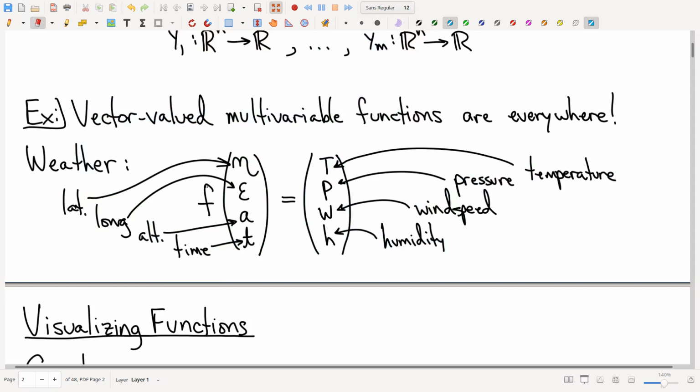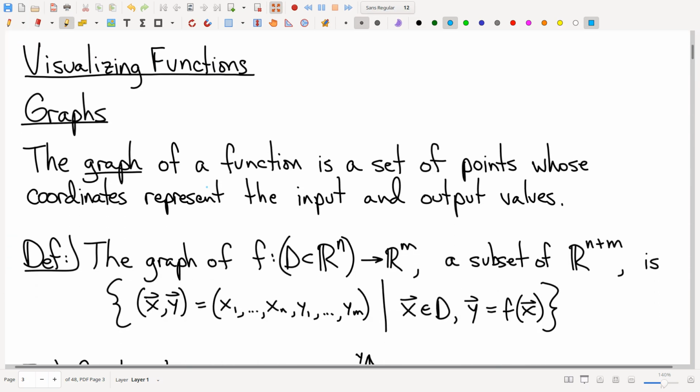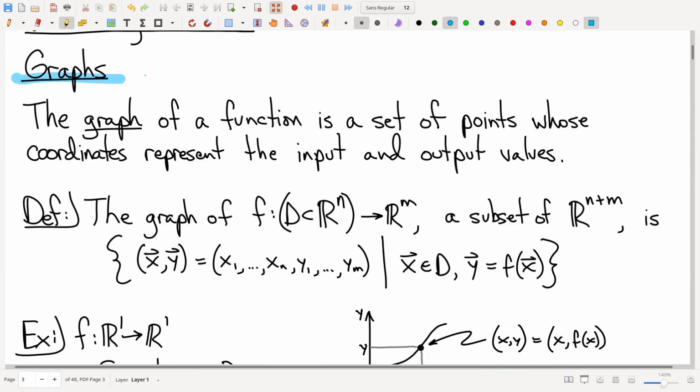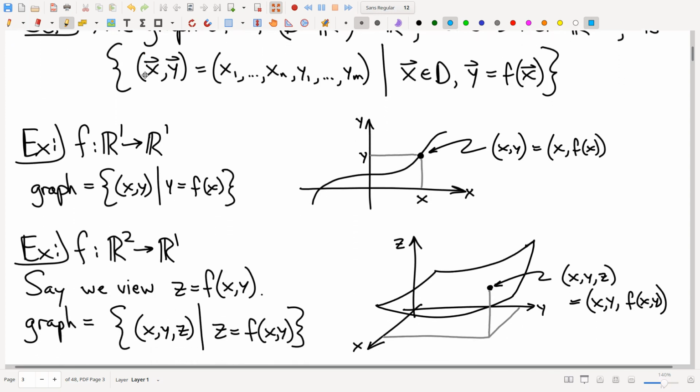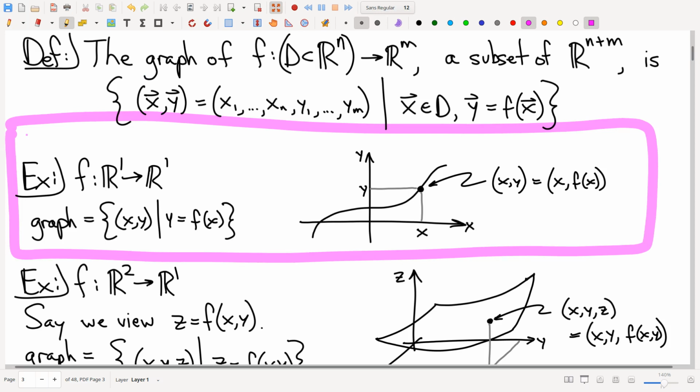Okay. All right, on to how to visualize functions. I'm going to start by talking about graphs, partly because this is the type of picture that I think y'all are the most familiar with. Y'all have been drawing graphs for many years at this point. Rather than go into the definition first, I'm going to start by looking at the standard example that you've seen a million times and worked with a million times. Let's talk about this right here, and then we'll reproduce the definition as motivated by this.